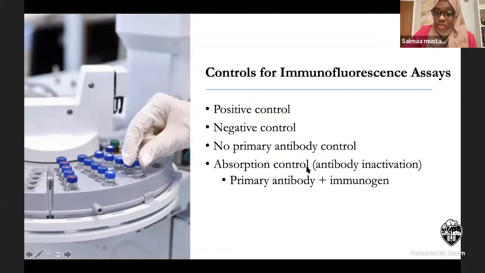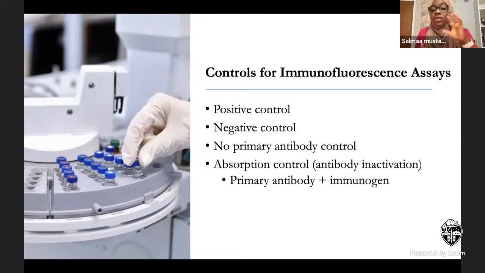The absorption control has to do with being sure that your antibody is actually reacting to the specific epitope of the antigen of interest, okay? So there has to be an extra step in your protocol where you put your antibody together with the antigen.